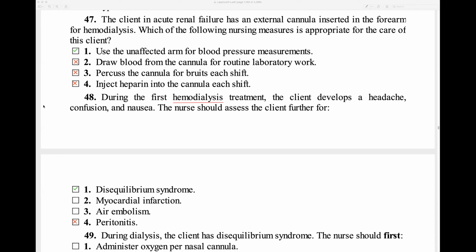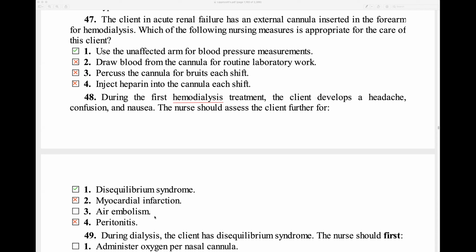Listen, read the question again. During the first hemodialysis treatment, the client develops a headache, confusion, and nausea. Headache, confusion, and nausea. Does that sound like myocardial infarction? No, because what's another word for myocardial infarction? A heart attack.